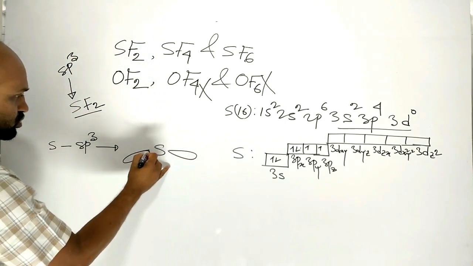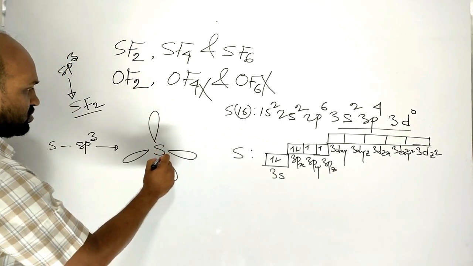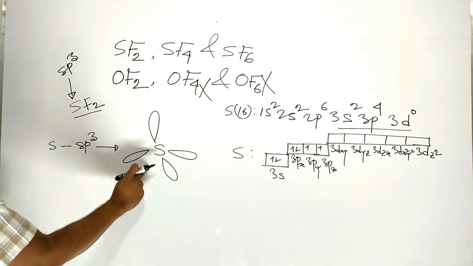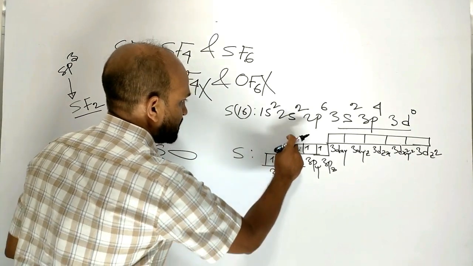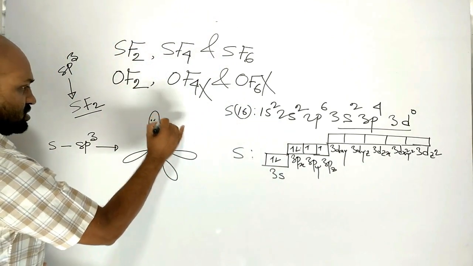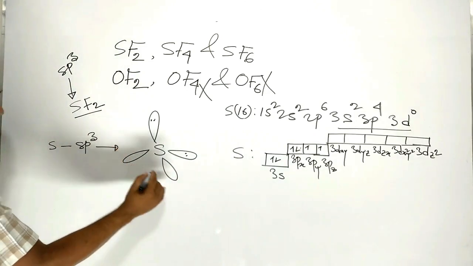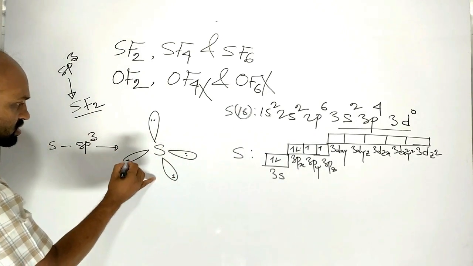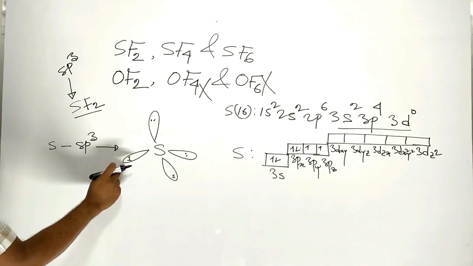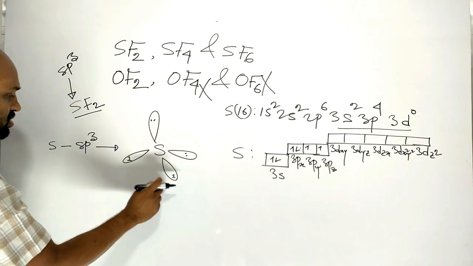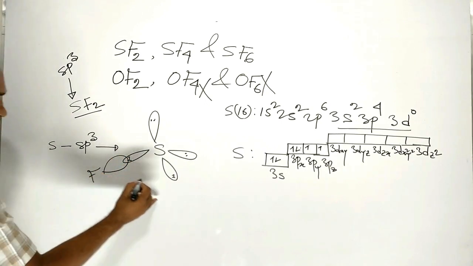Out of these 4 orbitals, 2 orbitals contain 1 pair of electrons each, and another 2 orbitals contain an unpaired electron each. With the orbital containing an unpaired electron, fluorine forms a bond with its hybrid orbital.